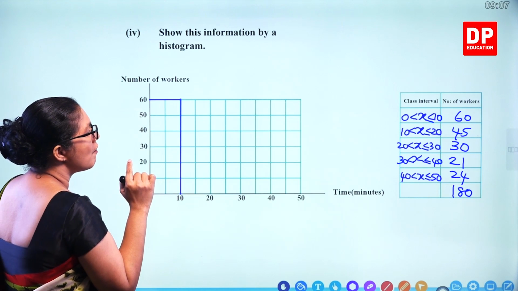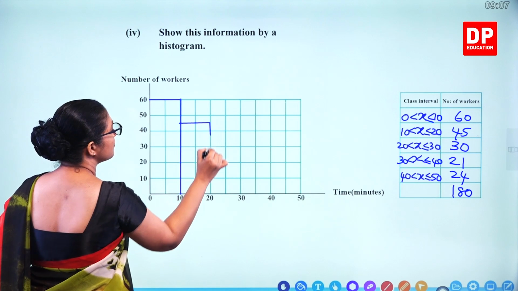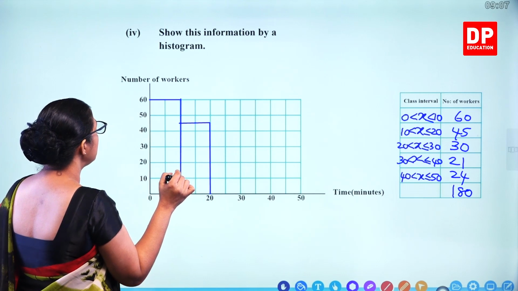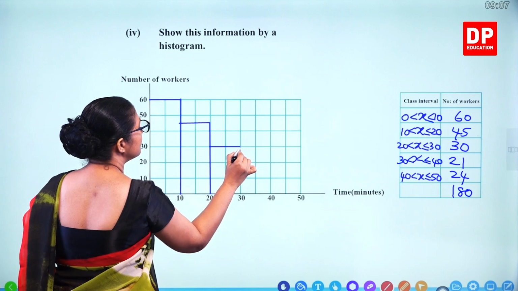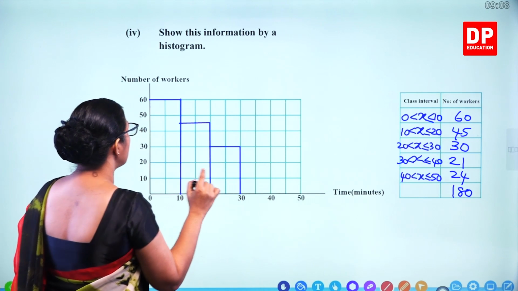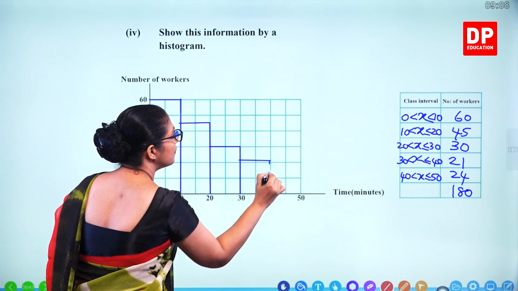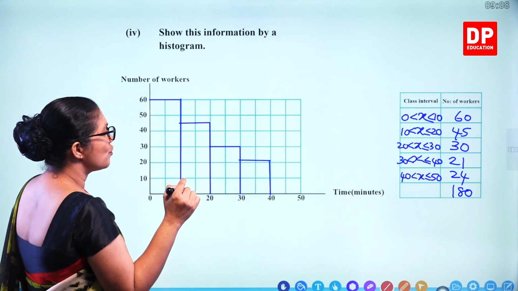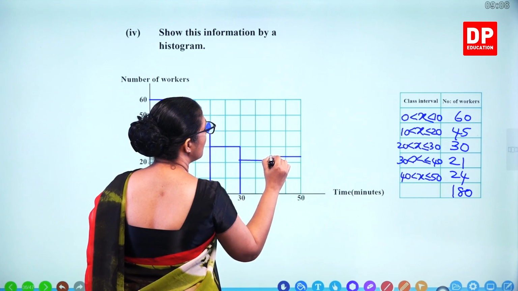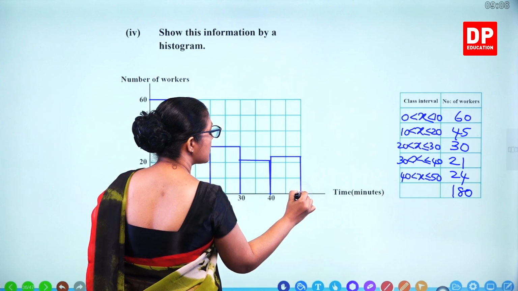There. 10 to 20, 45, in between 40 and 50. 20 to 30, that's 30. 30 to 40, that's 21. So just slightly up. 40 to 50, 24. So this is the histogram.